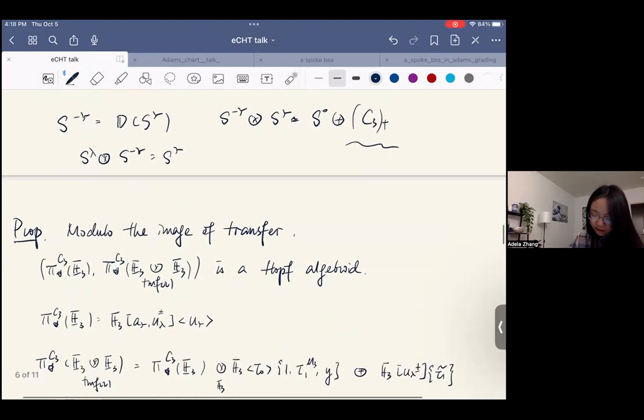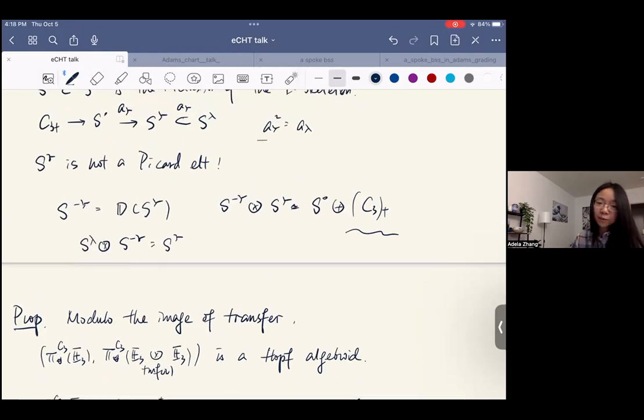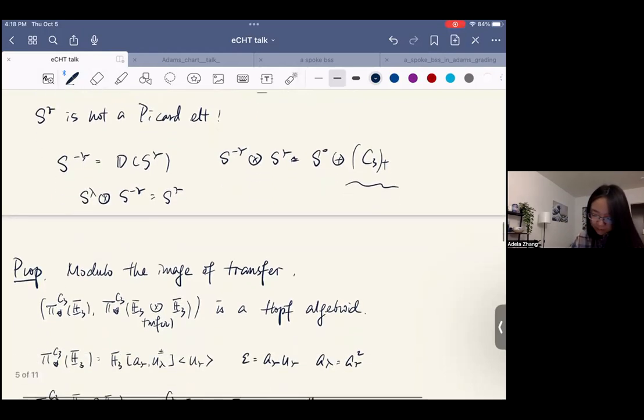So explicitly, the spoke-graded homotopy group of F3 underline is F3 on two polynomial generators, a spoke and u lambda plus-minus, and there's an exterior generator u spoke. This is a refinement of the usual RO(C3)-graded homotopy, in the sense that epsilon is a spoke u spoke, and a lambda is a spoke squared. Again, in the sense that we're defining here, these two a spoke are definitely different from each other.